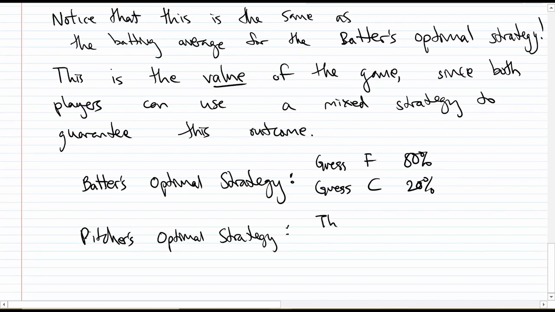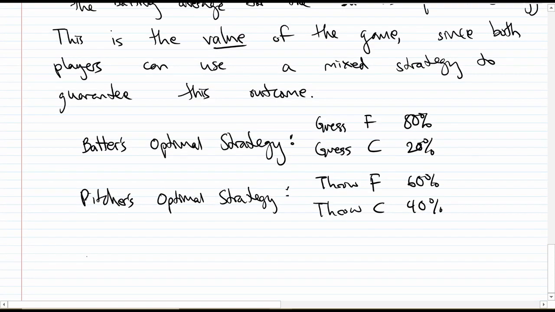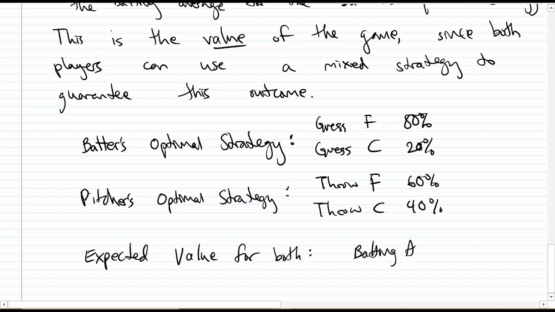Well, throw a fastball 60% of the time and throw a curveball 40% of the time. And what's the expected outcome, or the expected value? Well, it was the batting average of 260.